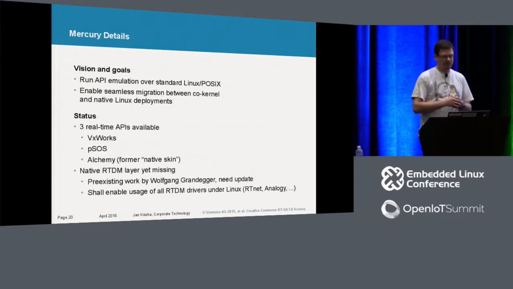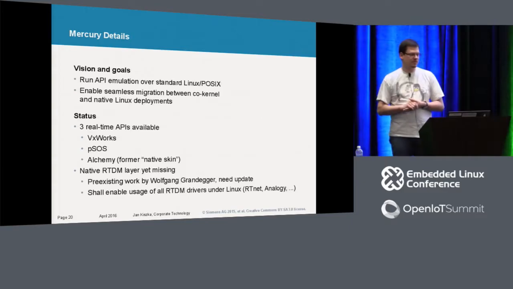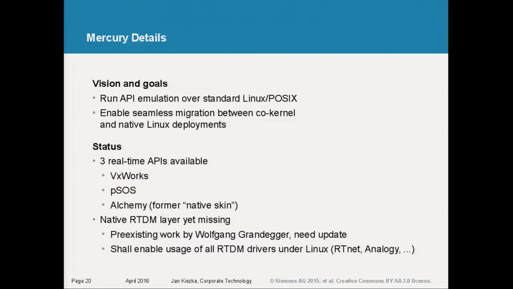So currently, there are 3 real-time APIs available in this environment. It's VxWorks, it's a pSOS implementation, and there's Alchemy, which is the former native skin. So this can already be used in this native environment. What's missing yet is this native RTDM layer. There was an implementation done a very long time ago by Wolfgang Grandegger, but this needs an update.